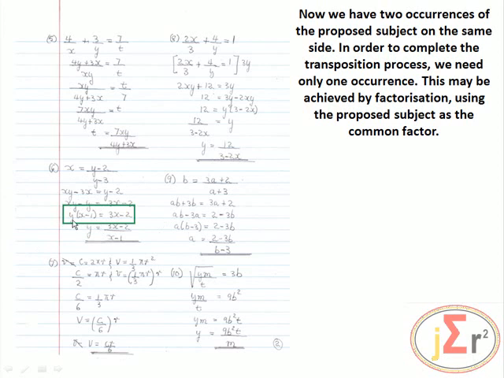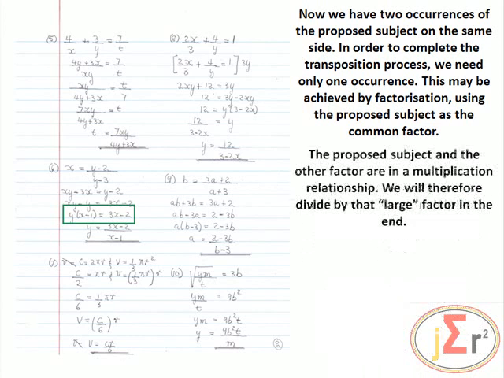Factorization will help us to realize that single occurrence that we need in order to make y the subject of the formula. So we will factorize, and after factorization we will divide by what we call the large factor. The proposed subject and the other factor are in a multiplication relationship.